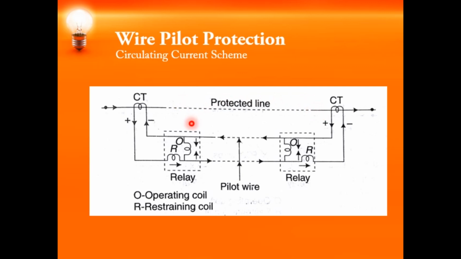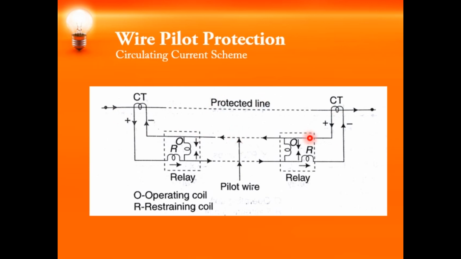Differential protection, as the name implies, means there should be a difference between two quantities. You can see the comparison is made at the two ends by using the CT secondary currents, and you can observe the polarity as well.